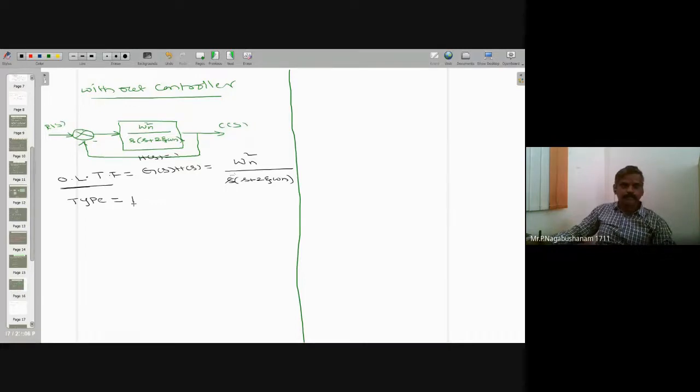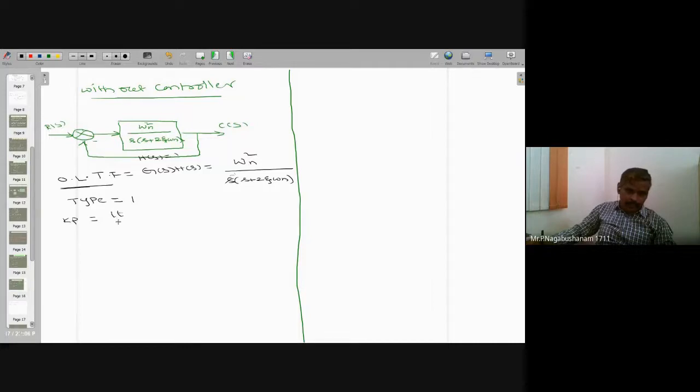Type 1. If you use a controller, is the type number increasing or decreasing? To compare that, I'm taking the type number without controller: type number is 1. Then what is Kp, the positional error constant?